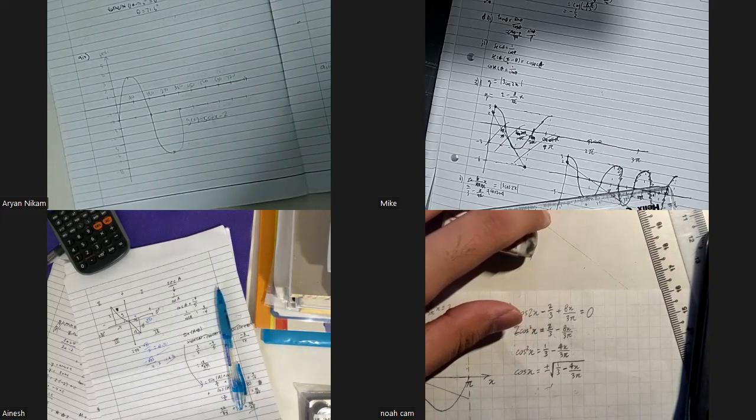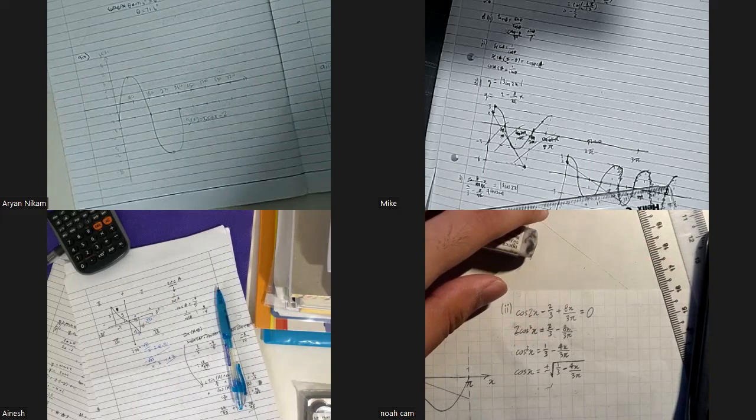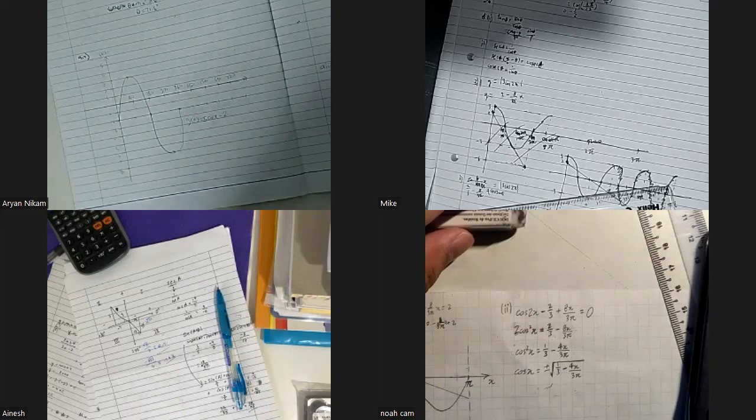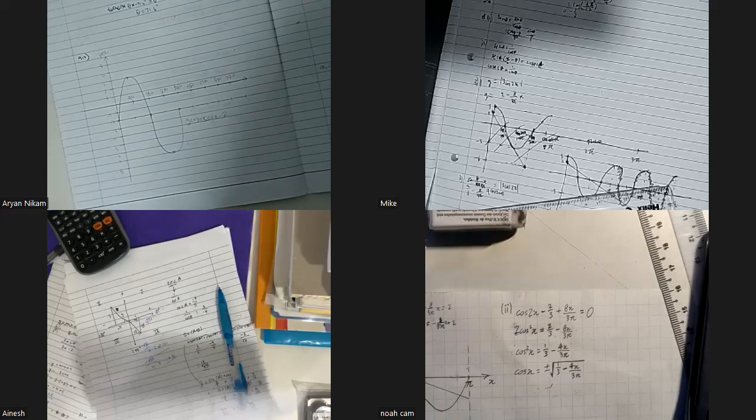Then I realize again, we are very close to this and we are very close to that. What do I do? Multiply by 3, correct? So I will now have 3 cosine 2x equals minus 8 over, in this case, pi. Oh my goodness, they made a mistake.